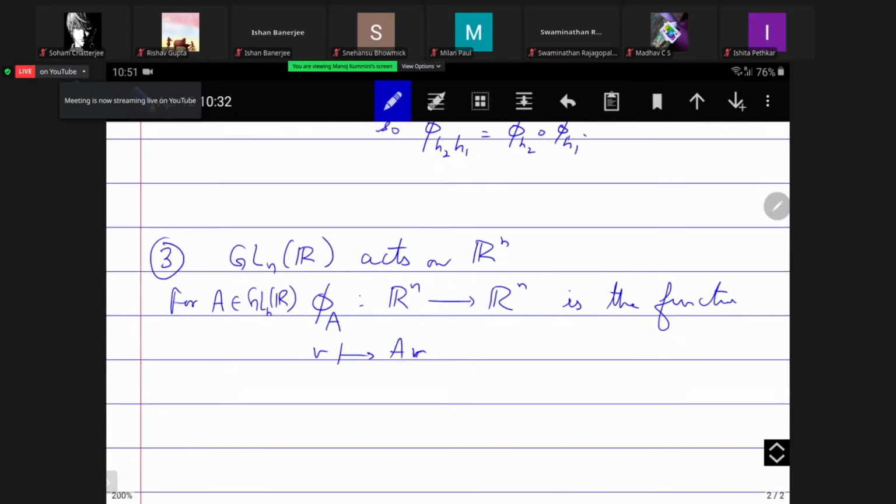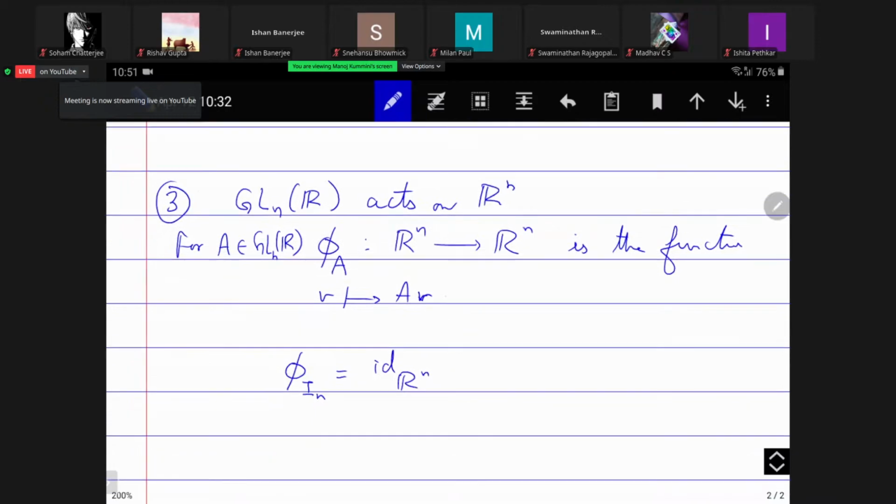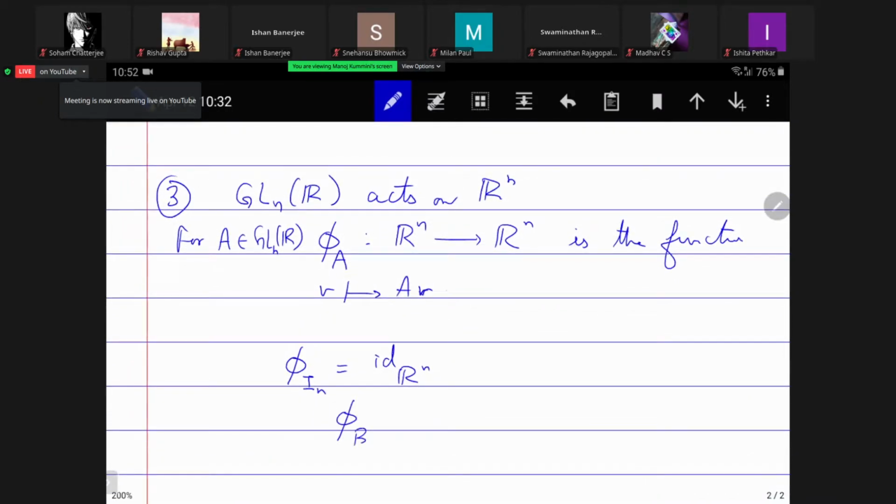So phi of the identity matrix is the identity map on Rn. Phi of BA of a vector v is BA times v. Remember, it is the product BA that has to be applied to v.